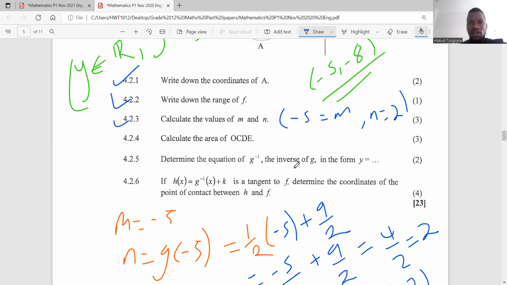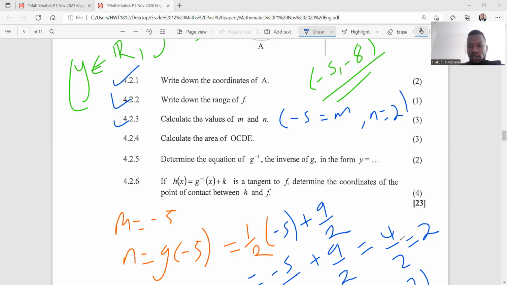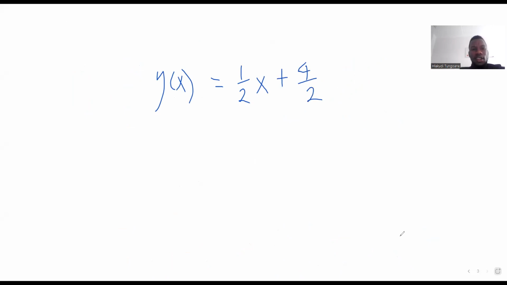Okay, so let's write down our equation for g first before we get the inverse of it. The equation for g of x is given by 1 over 2x plus 9 over 2, right? Then they say we should get the inverse, g inverse.